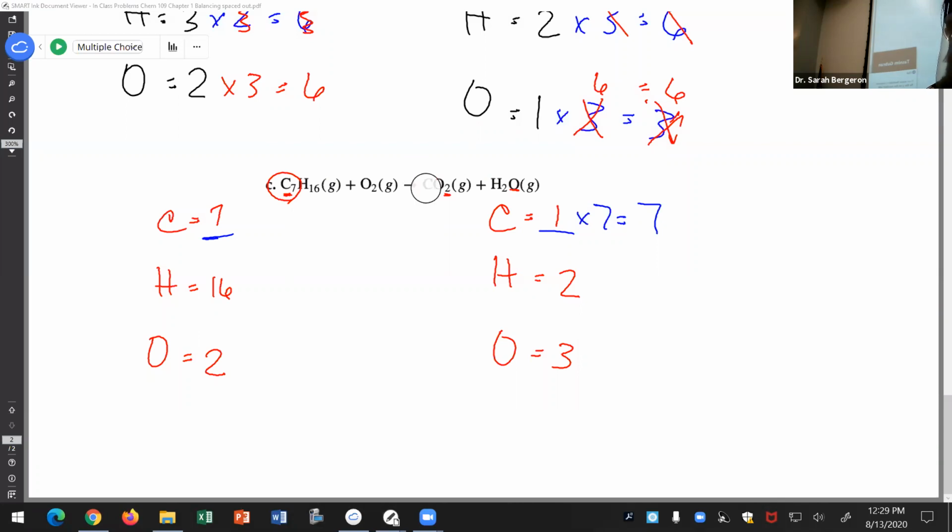Let me erase this so that we can see our coefficients. Okay, so we're going to put a 7 there. Now what? What do we do to oxygen? We raised it up to 21. All right, now what? Do we have 21 oxygens on the other side? No, we don't. How could we get 21 oxygens?